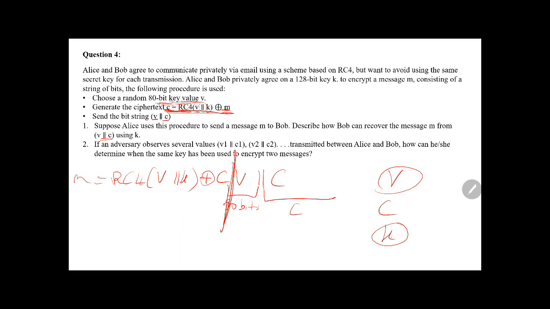The original message M. Okay, so if an adversary observes several values, V1 concatenated with C1, V2 concatenated with C2, and so on, transmitted between Alice and Bob, how can he or she determine when the same key has been used to encrypt two different messages? By key here, they mean the key value, V. So basically, an observer can know this if he sees the first 80 bits to be exact in two different messages.